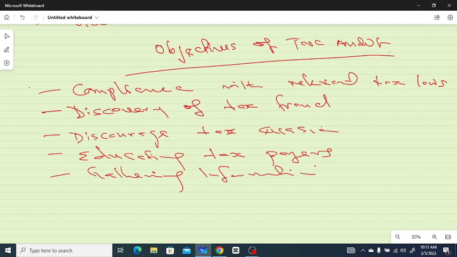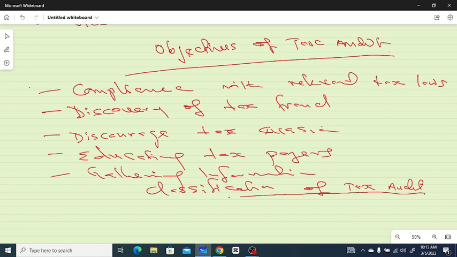At this point, they are going to obtain the necessary information from the taxpayer. We are now going to look at the classification of tax audits.